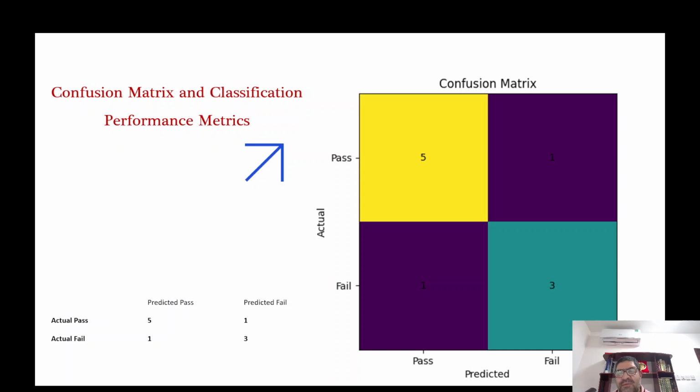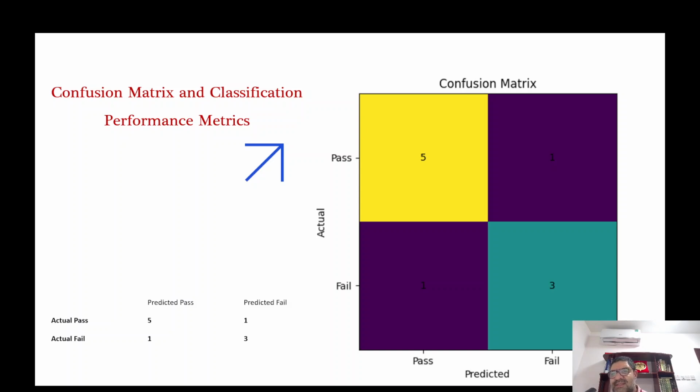First of all, when it goes to the diagonal like this, those are the true values. So what does that mean? There were 5 students actually who were predicted pass, and they have passed. That's what the first left side of row 1 is saying.